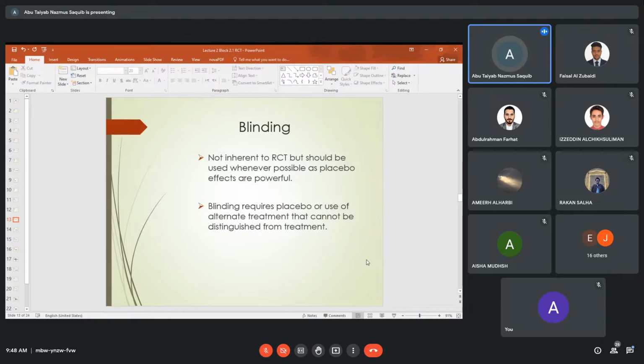You are the outcome assessor. Let me give you an example. You are the outcome assessor, and this study is about the effect of smoking, or the effect of being a factory worker.